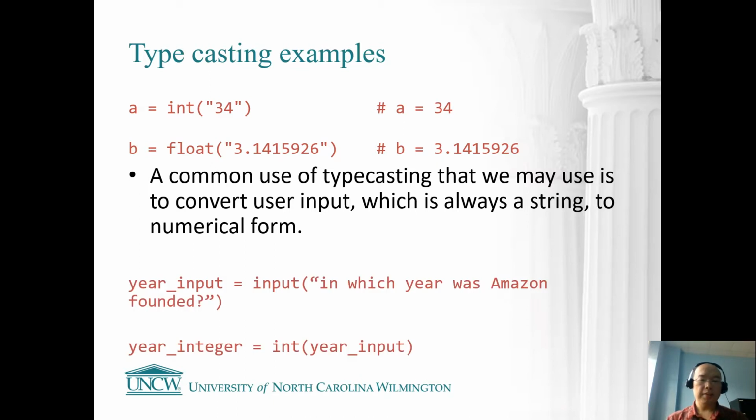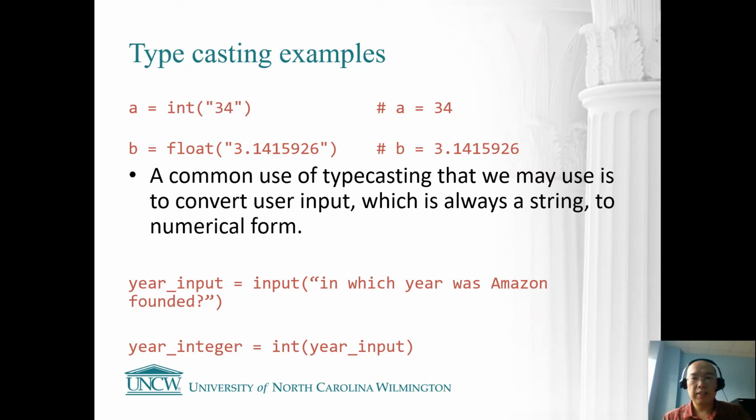Okay, and one of the most common ways we do casting is when we take the user's input from the keyboard, and it is always a string. In some cases, we want to treat those values as different data types. For example, in this one, I'm asking you in which year Amazon was founded, and you can tell me the answer, and I want to treat that as a year number, right?